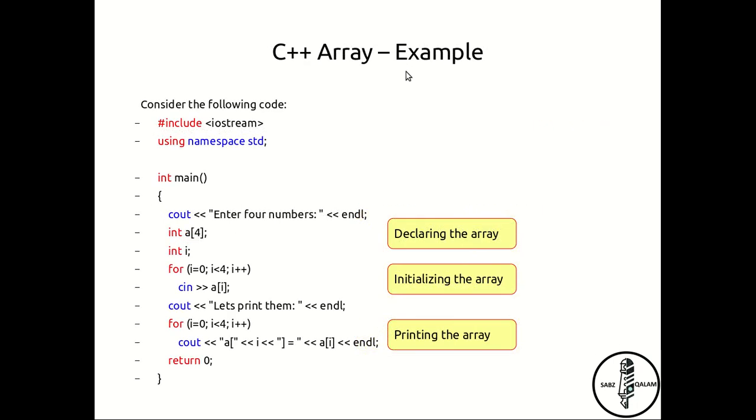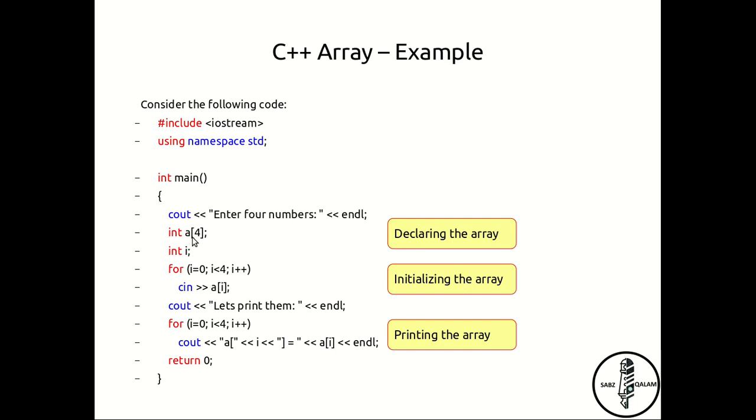Now let's consider this very simple example. Let's say you want to take in 4 numbers from the user, and you just want to store them in an array and then print them just to see whether they got stored or not. Here I'm going to declare an array of integers named a, size 4, and I'm going to use a for loop to initialize the array.